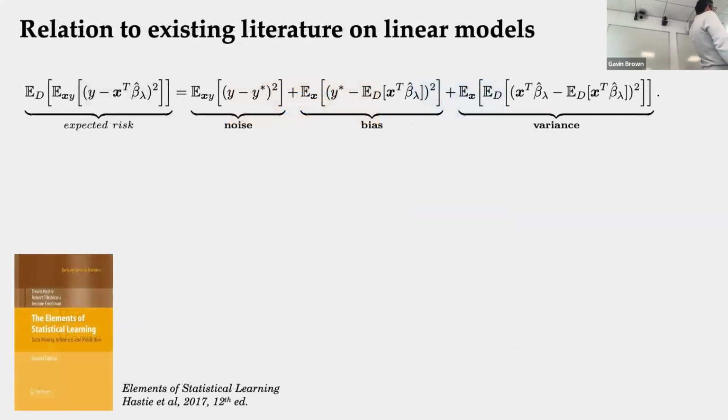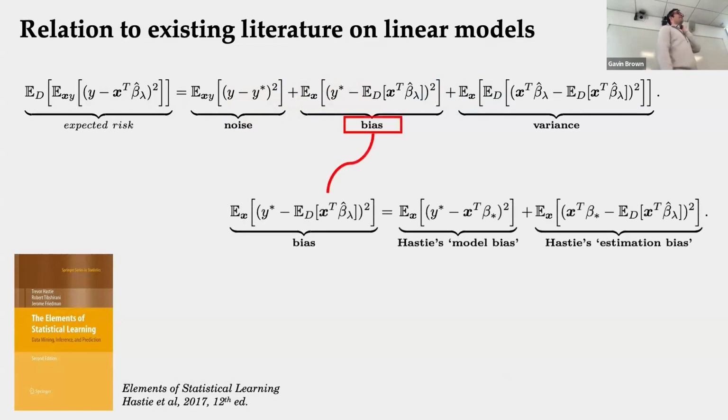So what can we talk about? So here's the bias variance decomposition written down for a linear model, so X transpose beta. This expression comes verbatim out of Trevor Hastie's nice book, Elements of Statistical Learning. In that book, he made a really nice observation, which, as far as I can tell, was the first time this observation was made. Couldn't find it anywhere else. That the bias can be broken into what he called the model bias and what he called the estimation bias.